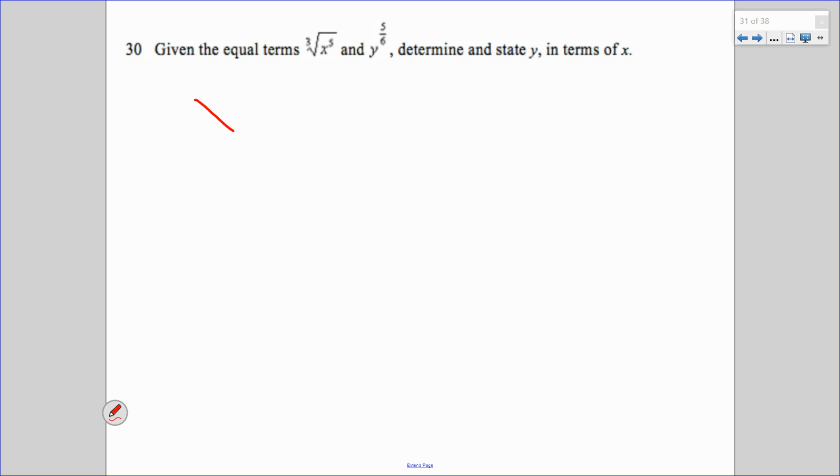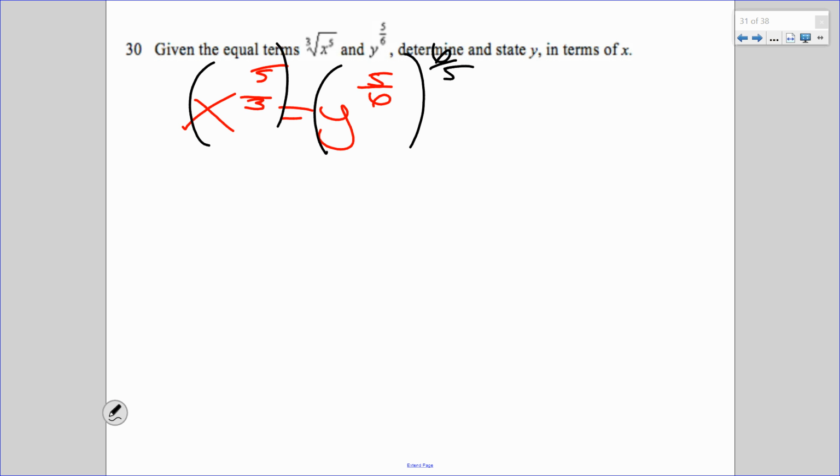Radicals are fractional exponents. I'm going to rewrite the radical as a fractional exponent. It's the power over the root. Now that I have that, it wants me to solve for what? Well, to get rid of a constant exponent, I raise both sides to the reciprocal power. y equals, when I raise a power to a power, I multiply the powers.